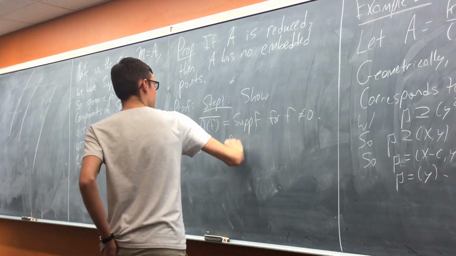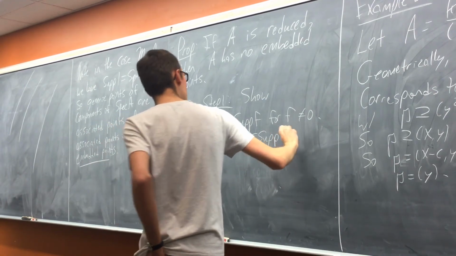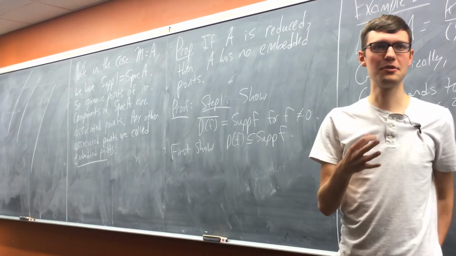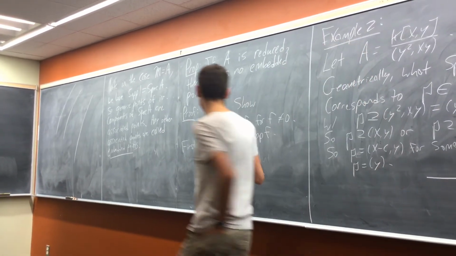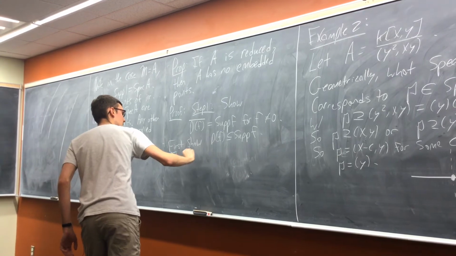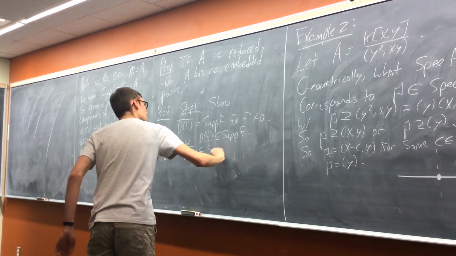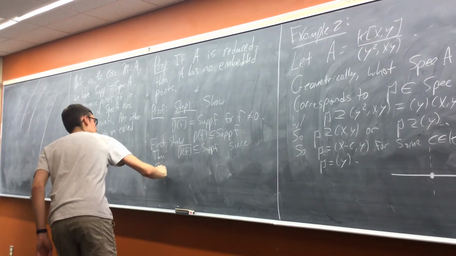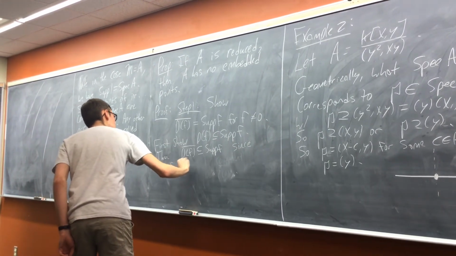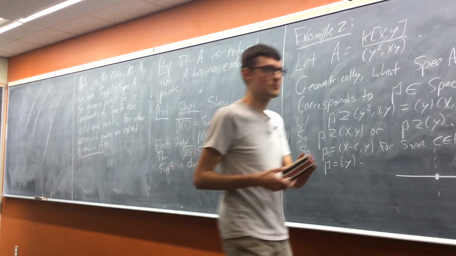So first we're going to show that D(f) is contained in the support of f. If I've got this, then I know support is closed, so the closure is also contained in the support. Okay.